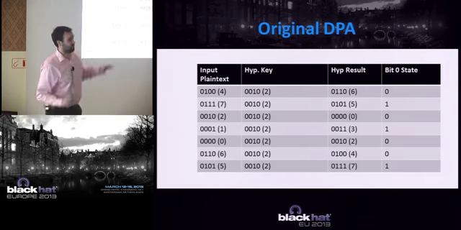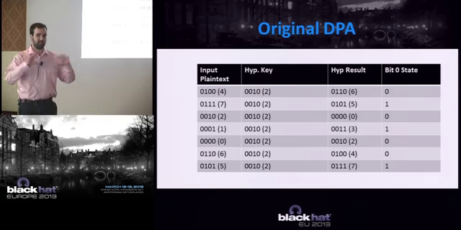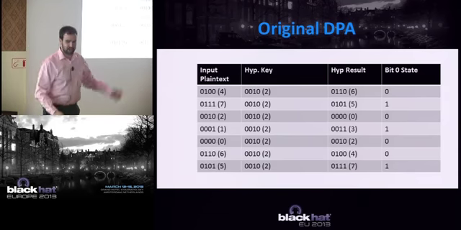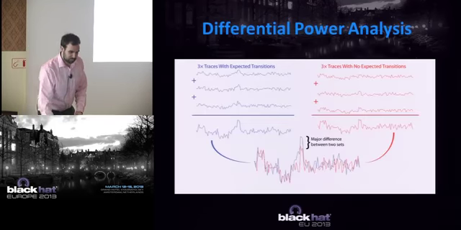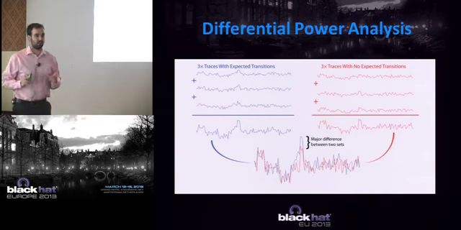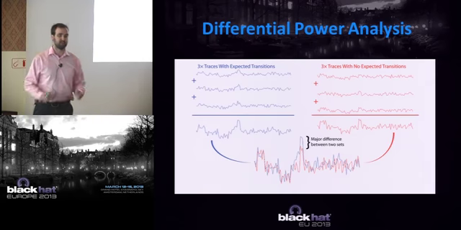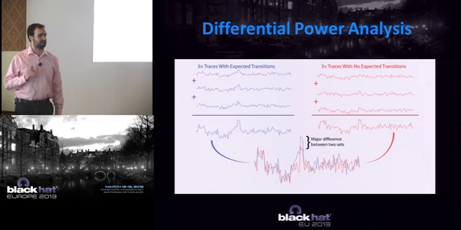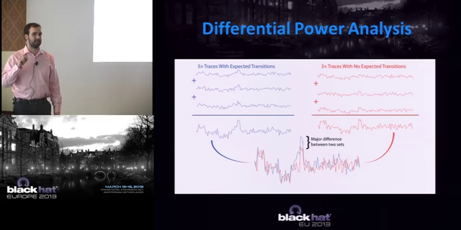Remember, I don't know the key, I'm just guessing, so I'm going to have 16 different arrangements of these power traces. If I was right, what I'd expect to see is somewhere there's going to be a difference between those two sets. Because if I was right, at some point, that single bit is always 0, so it's taking less power.